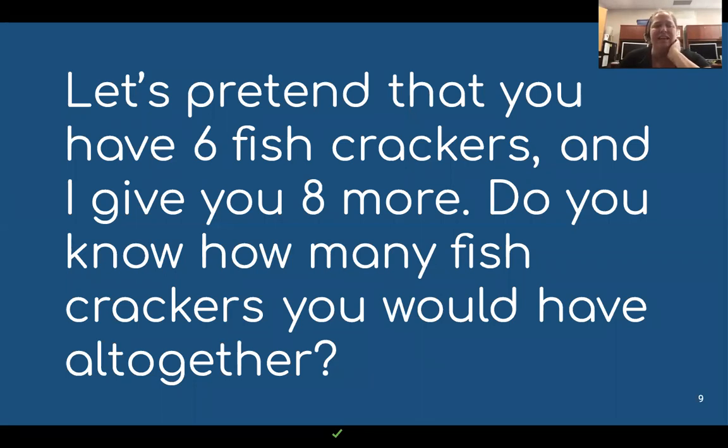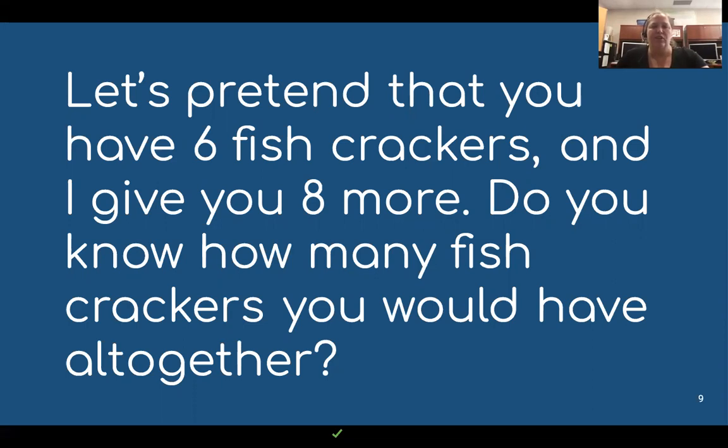Certainly today we are going to dig into that, because we're moving from the counting strategies that we looked at last time into working with the numbers. I wanted to put this slide up to remind us what question we were talking about.